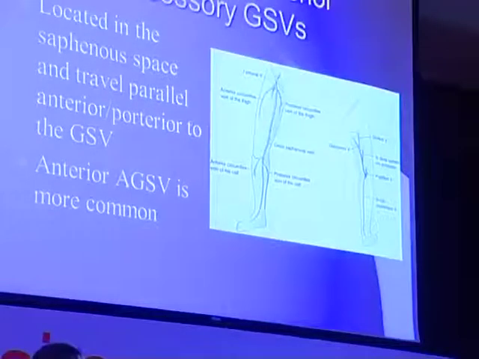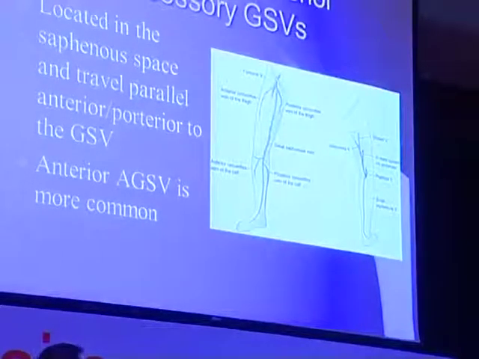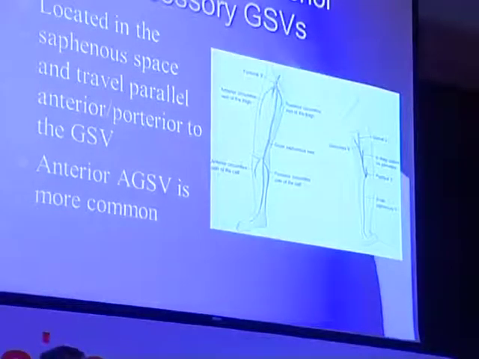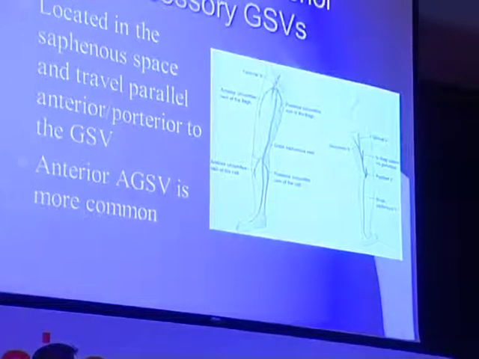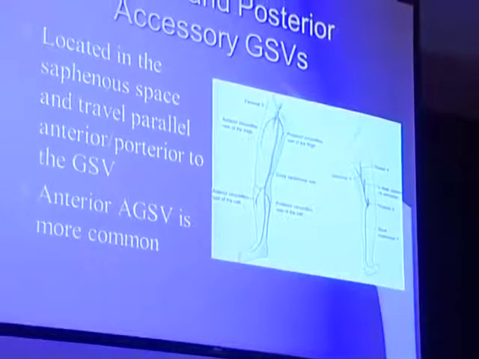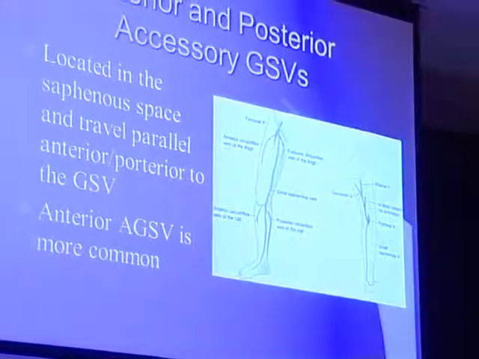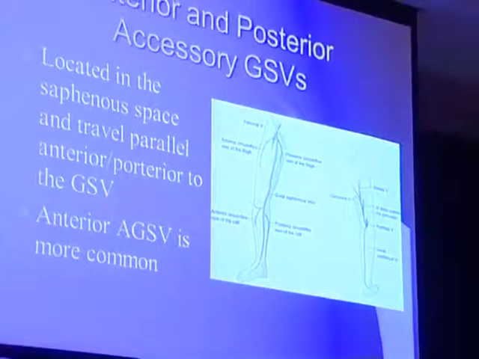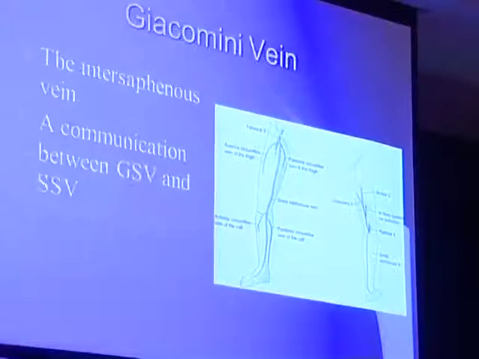Now, what we used to call the anterolateral trunk is now the anterior accessory greater saphenous vein. A lot of you who have treated venous insufficiency know the importance of these veins. A lot of the time the great saphenous vein itself is normal, but then you see varicosities along the posterior and anterior aspect of the leg, and for that, look for incompetence of these two trunks.